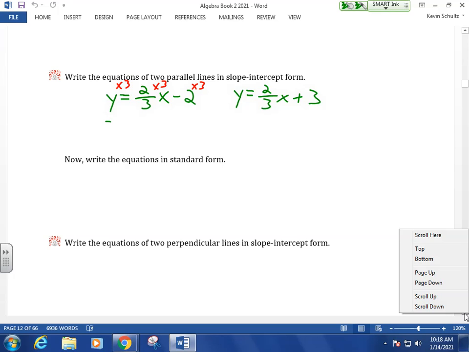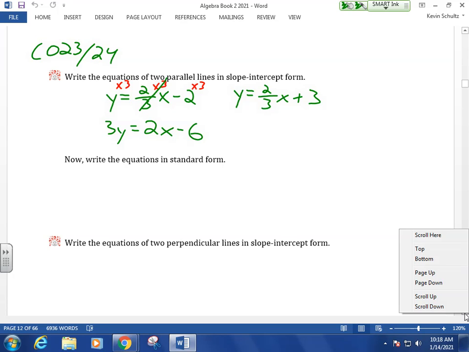So that gives us 3y equals 2x minus 6. Okay? I'll eliminate that fraction first. This goes back to, I think, CO23 and PO24. I think we covered it in both of them, going from slope-intercept to standard form.